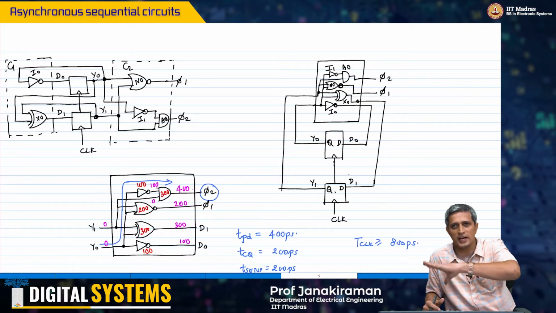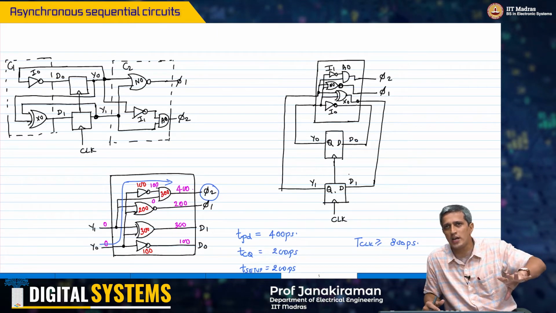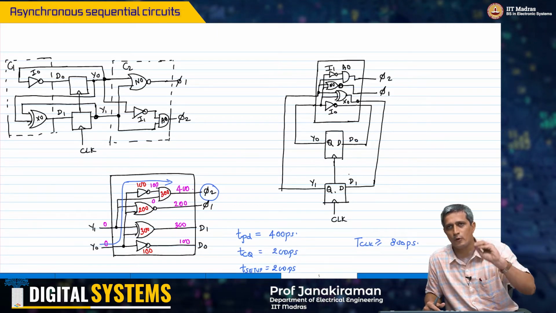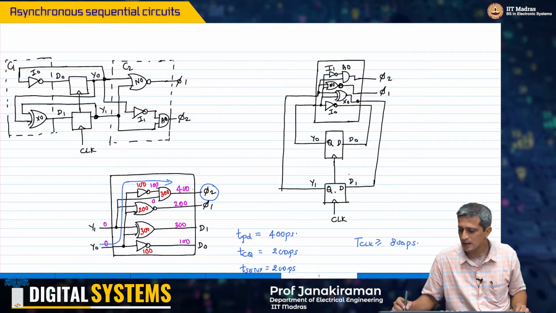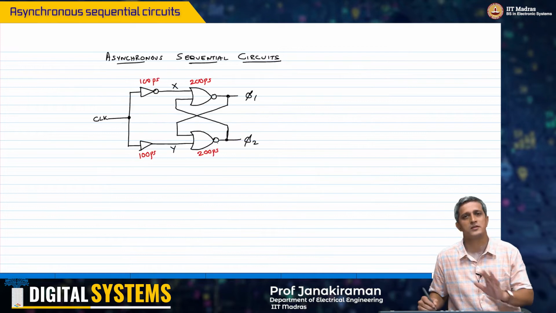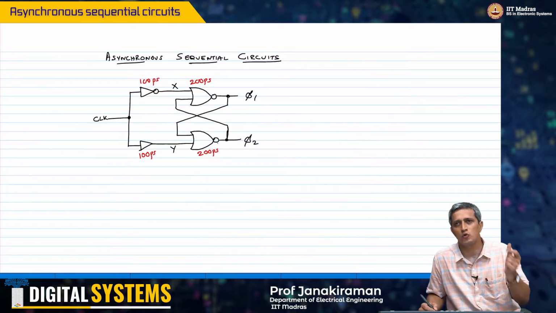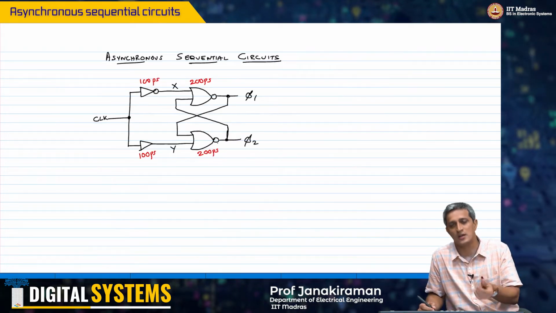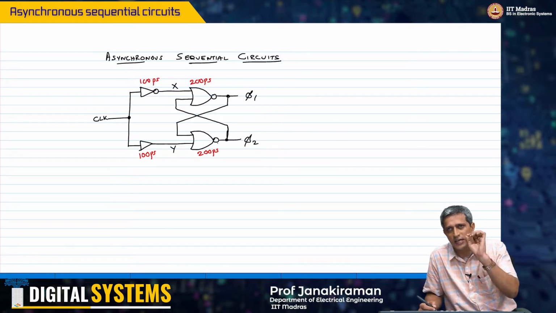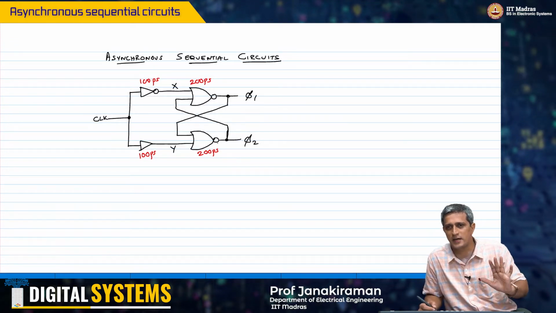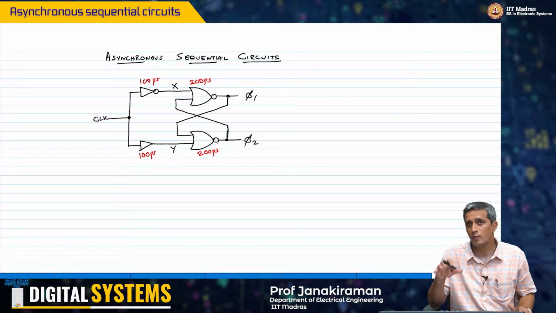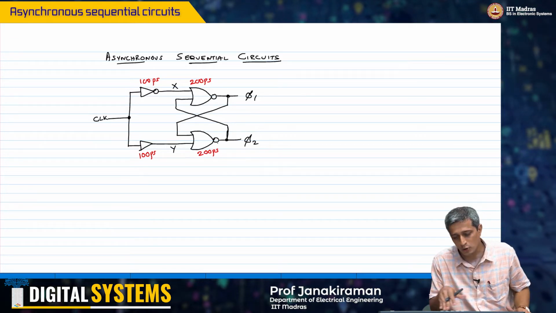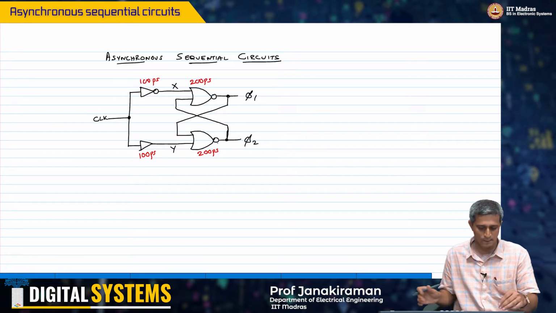I could assume that the gates introduce no delay, flip-flops have no setup or hold time or clock to Q delay, and yet I could do my analysis. Asynchronous sequential circuits will not work like that. You need to consider the delay of these small elements very accurately in order to understand the design and even analyze the design. I am not even talking about how to design this from scratch. I am talking about analyzing a given design, right?